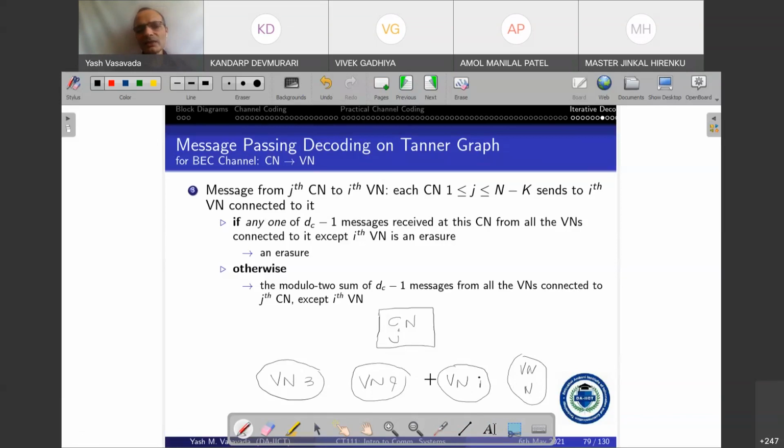Right now, we are just looking at how it does it for the ith VN. Then that obviously can be generalized to all the other VNs that are connected to it, just like what we saw in the previous example. Now this part is going to have arrows which are going upward in the VN to CN direction. So these are the edges.